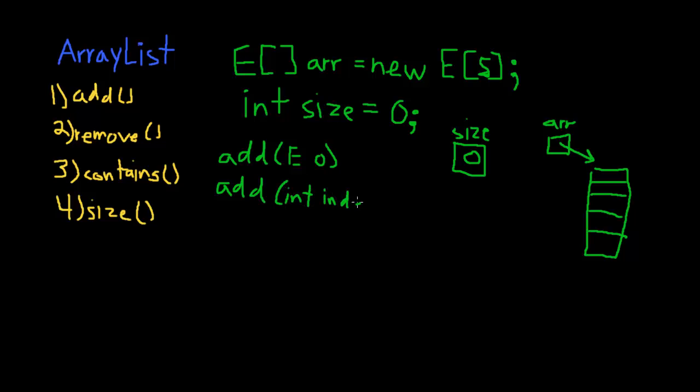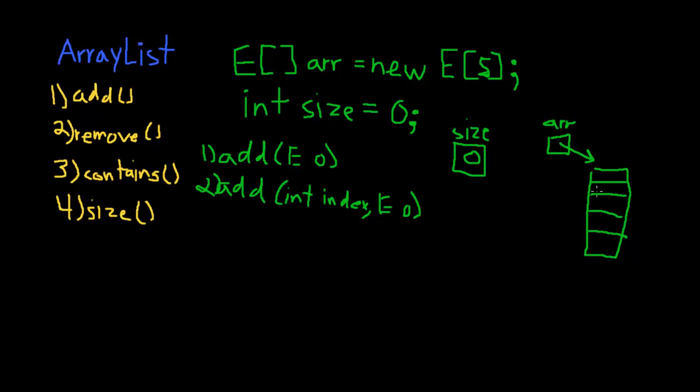The first type just adds to the very end. So let's say I'm empty, it'll add here to the first slot. Let's say I have one element here, it'll add to the second slot, and so on. It just adds it to the end. The second one adds it to a specific index. So if I do add at index 0, that means if there's something here, I have to move everything down one and then insert into this new free slot.